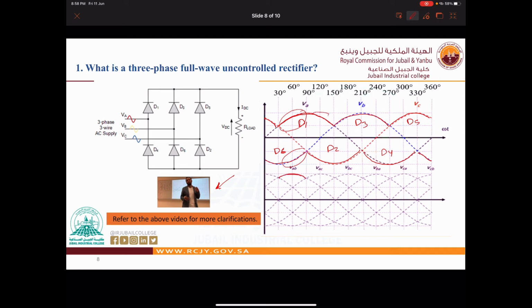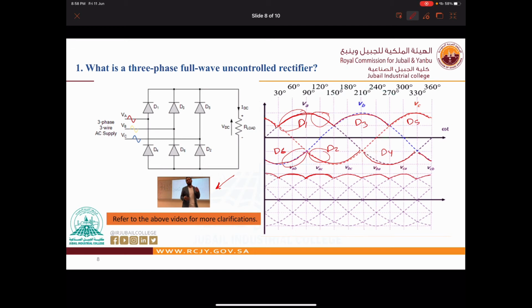And again here we have D1 and D2, so this is the second one, and this is the output voltage for our three-phase full wave uncontrolled rectifier circuit. Okay, so this is the output voltage. This is how to draw the three-phase.